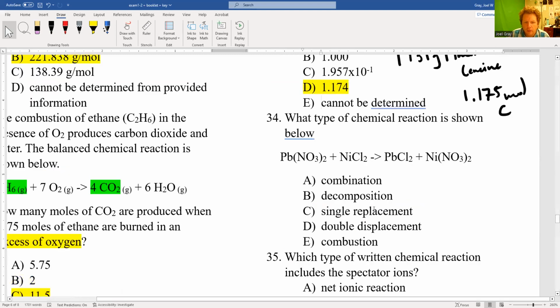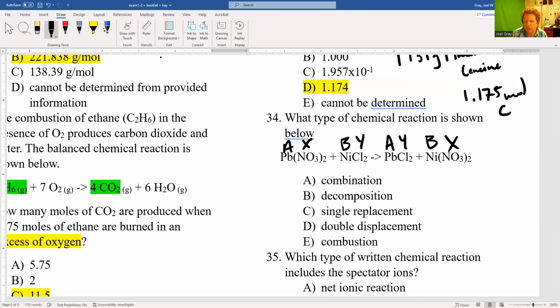All right. Question number 34. What type of chemical reaction is shown below? We have lead nitrate, PbNO3, reacting with nickel chloride to produce lead chloride and nickel nitrate. Okay, so this is a reaction that basically follows the model of AX plus BY giving us AY and BX.